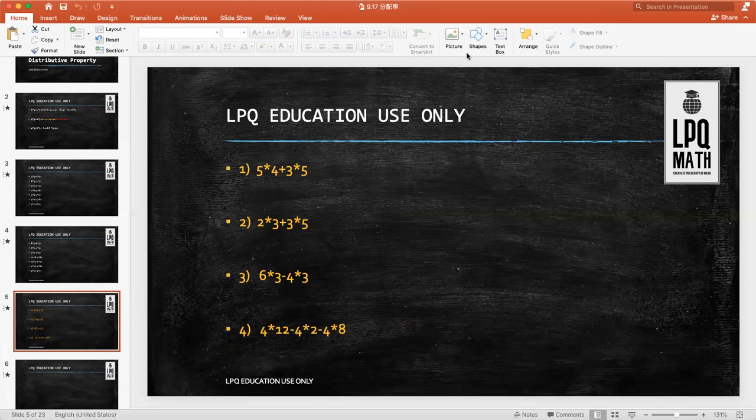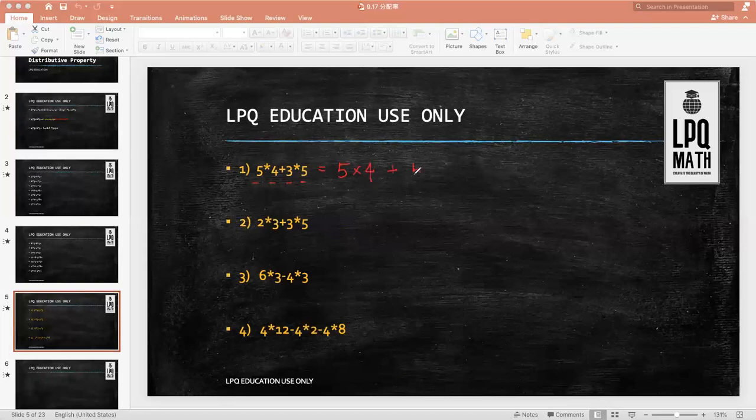The last question is the yellow one, and the yellow one is a little bit tricky. It's 5 times 4 plus 3 times 5. It looks like there's nothing in common, but you can write it as 5 times 4 plus 5 times 3, because in multiplication the order doesn't matter. 3 times 5 and 5 times 3 are equal to each other.